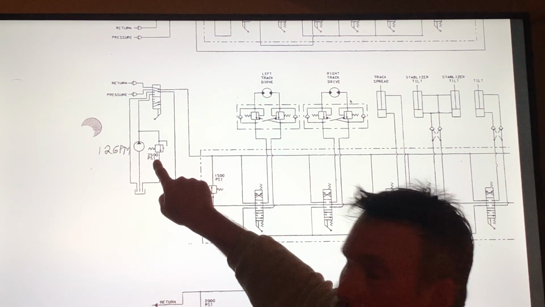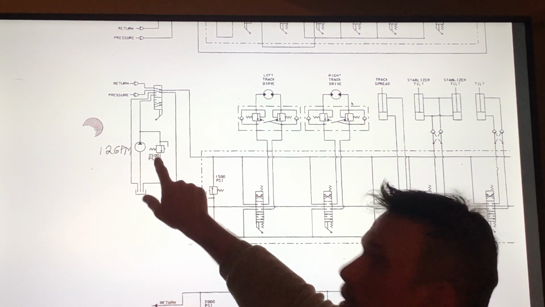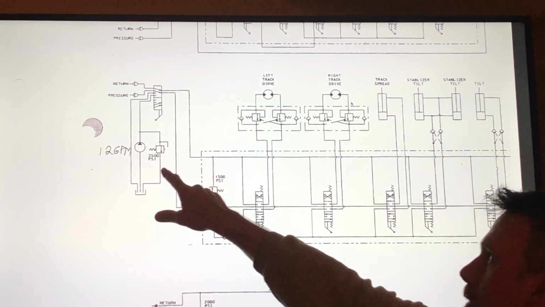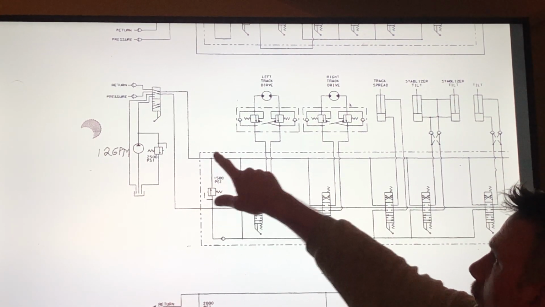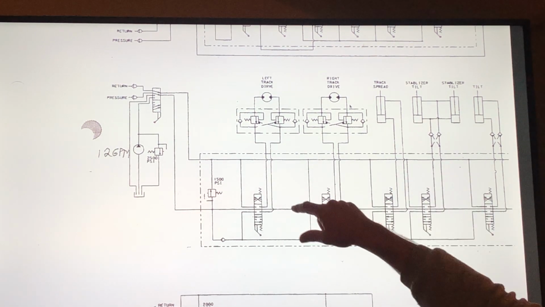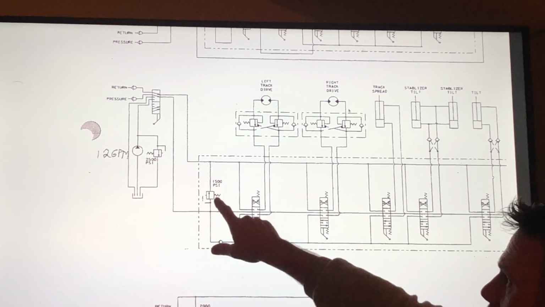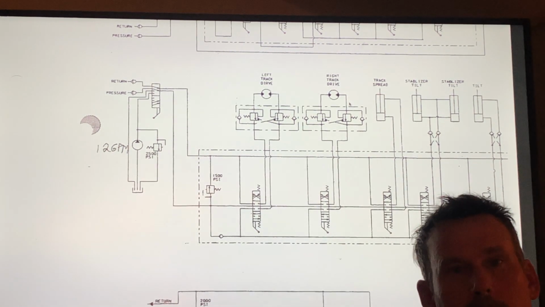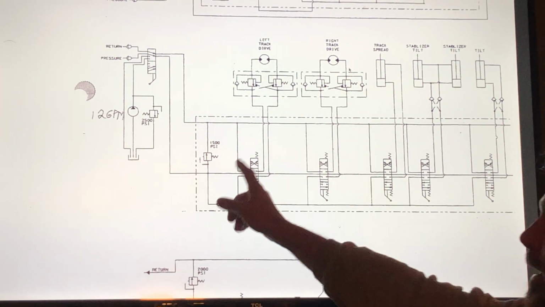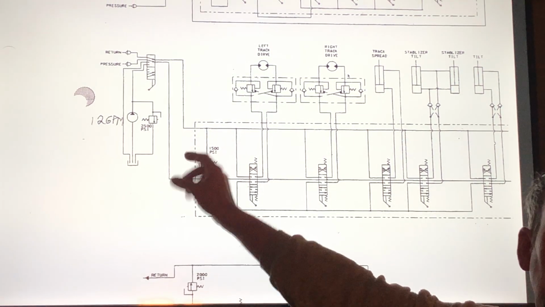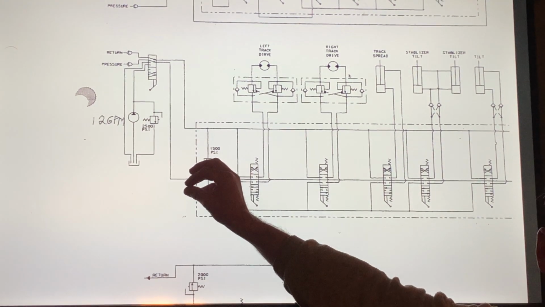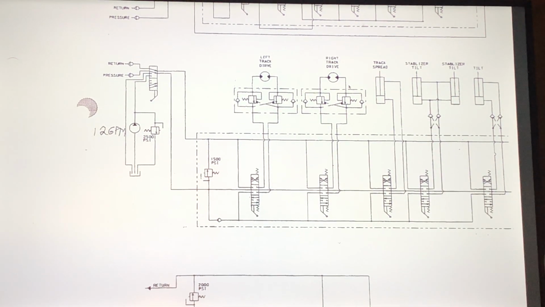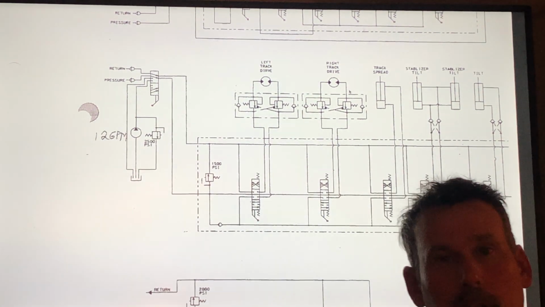This one's at 2,500 PSI. So this is our main relief valve that's right behind the pump at 2,500, and then we have another relief valve in the actual directional control valve, and it's set at 1,500. So path of least resistance, it's going to get out of this relief valve at 1,500 PSI. So that's the maximum pressure that we can build up on the stabilizer tilt cylinders: 1,500 PSI.